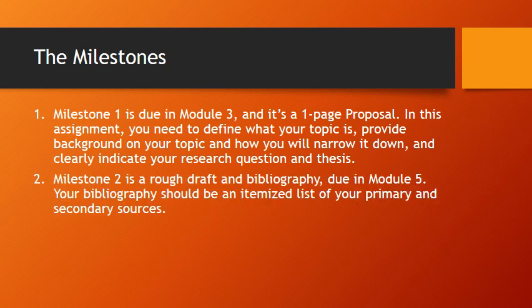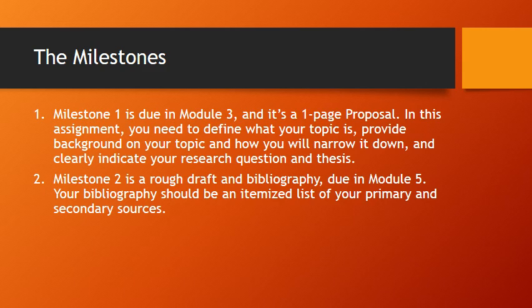The second milestone is your rough draft and bibliography, and this is due in Module 5. Note, Module 5 is week 5, and that's going to come up pretty quickly, so you want to get working on this as soon as possible. Your bibliography should be an itemized list of all of your primary and secondary sources.